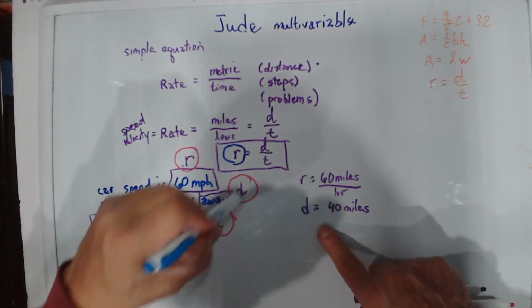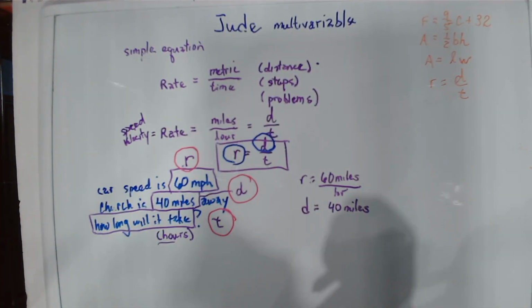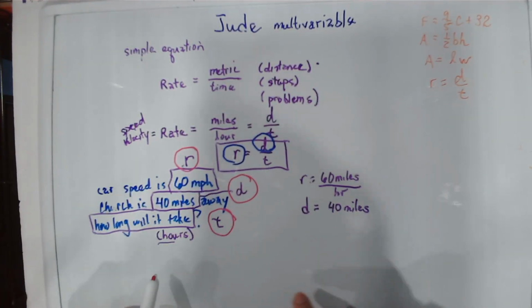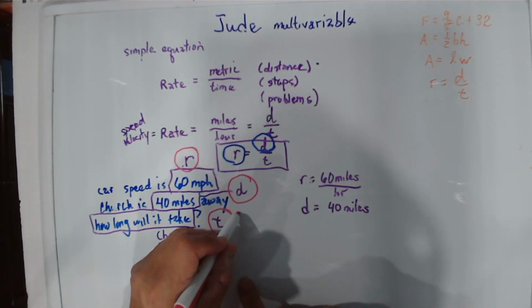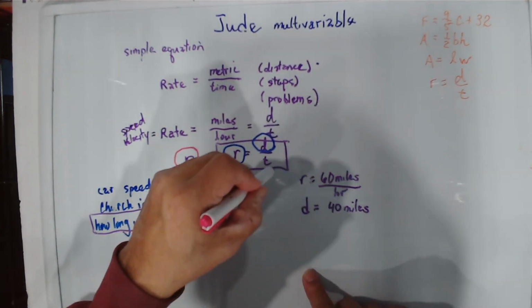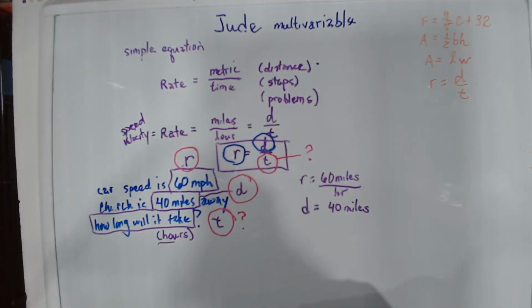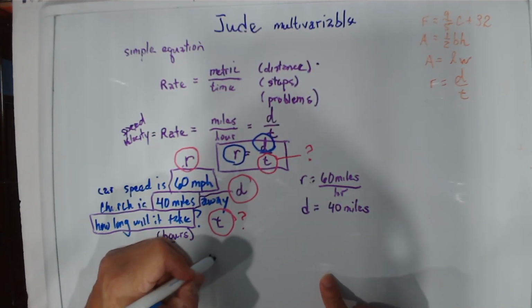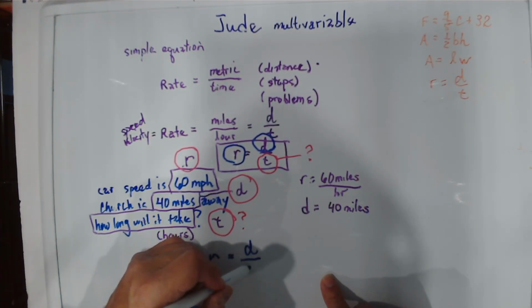They told us what D is. That's D there. So what do we have to solve for? Well, we have to figure out what the hours is because we don't know what T is. That is what we need to figure out. So let's take a look at our equation again. So we have R is equal to D over T.